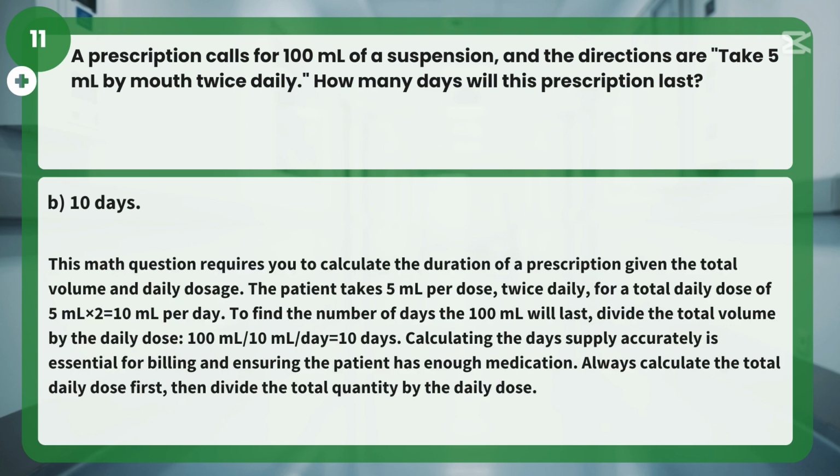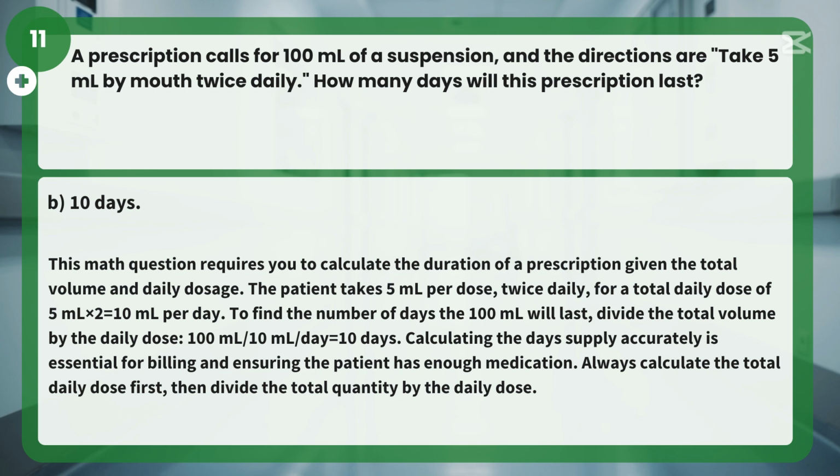Answer: B. 10 days. This math question requires you to calculate the duration of a prescription given the total volume and daily dosage. The patient takes 5 milliliters per dose, twice daily, for a total daily dose of 5 mL times 2, which equals 10 mL per day.